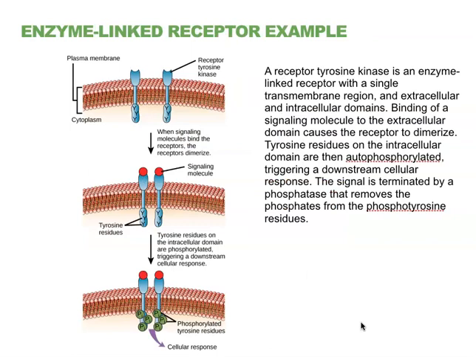Now, enzyme-linked receptors are an example here. Your textbook talks primarily about tyrosine residues being phosphorylated on the inside. And I don't know what that means to you guys, but tyrosine is one of those amino acids, and it can become phosphorylated. At rest, the receptor tyrosine kinase here does not have a ligand attached to it.